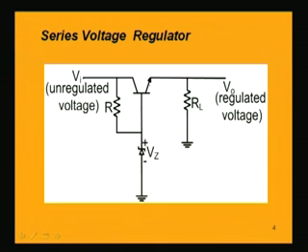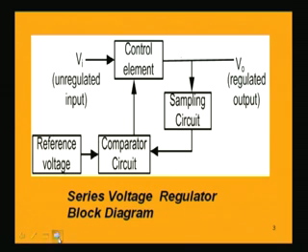This is the control element which controls the output voltage to keep it at a constant level. Now, there is a Zener diode also having a Zener voltage Vz, and as shown in the block diagram previously, the reference voltage is provided by this Zener diode.